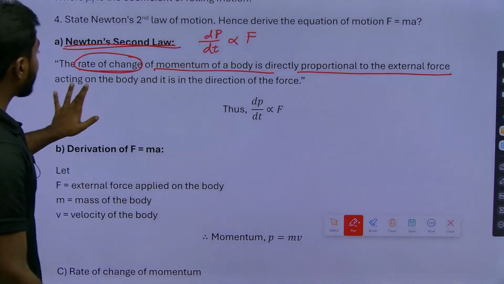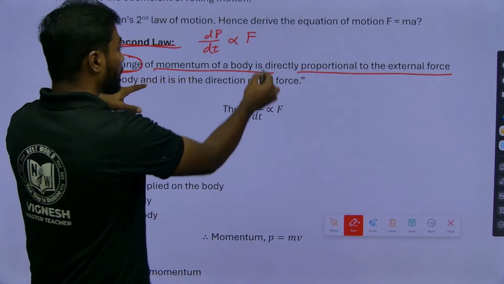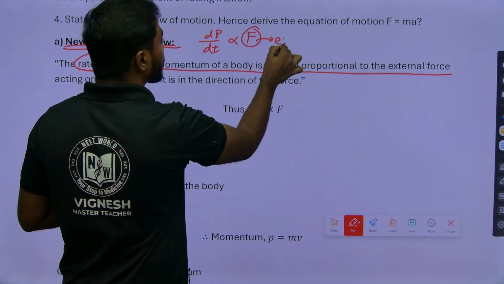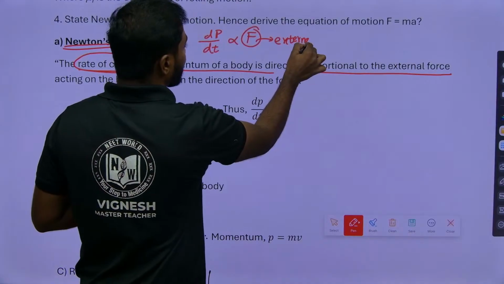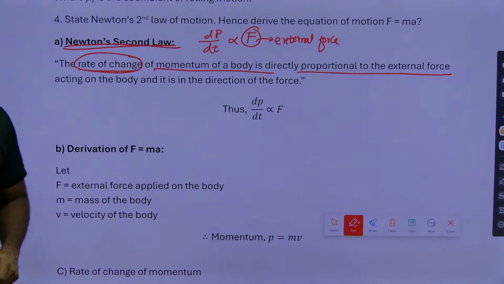Acting on a body and it is in the direction of the force. Acting on a body, what force is this? External force. Okay, this external force.